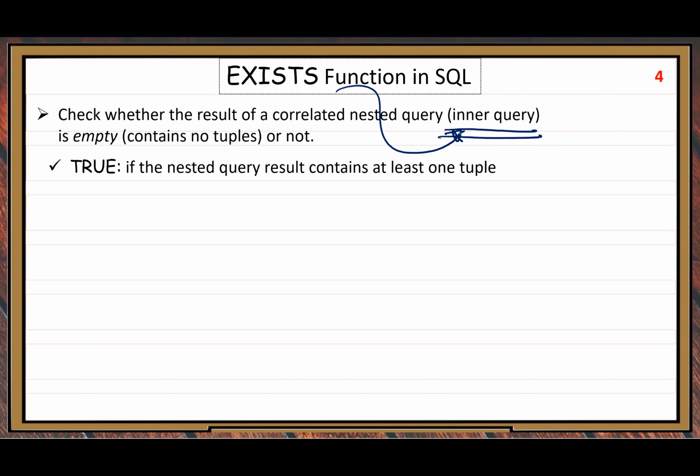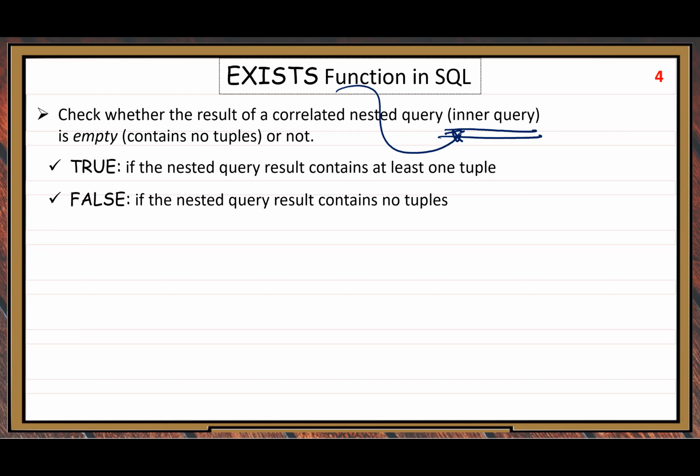This function returns true if the nested query result, or inner query result, contains at least one tuple, so not empty. It returns false if the nested query result contains no tuples.